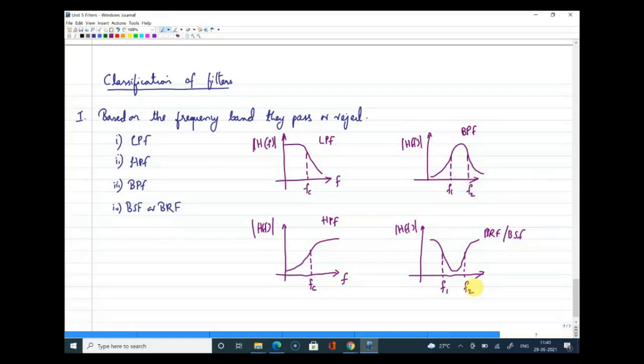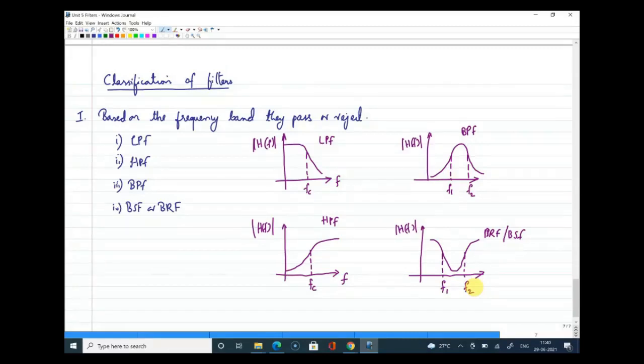In many applications, for example at 50 hertz, you will typically get a noise signal, and such signals will be rejected with the help of a band reject filter, or what is called a notch filter. Right.